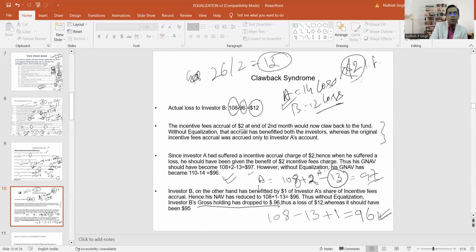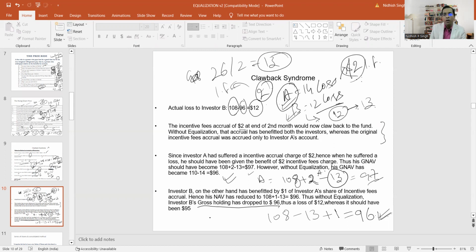So this is the clawback whereby investor A, who has paid $2 of incentive fee at the start, is being compensated, whereas B, who has not paid any incentive fee and has made a lesser loss, that loss will be adjusted, and we will make this 13.